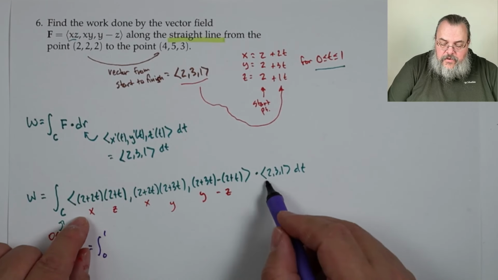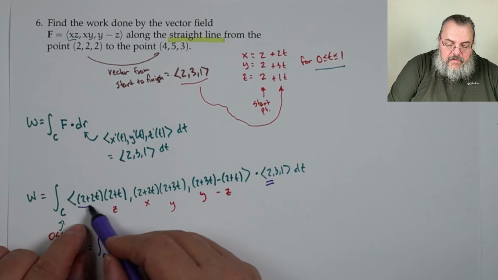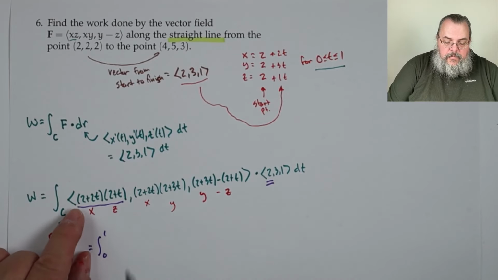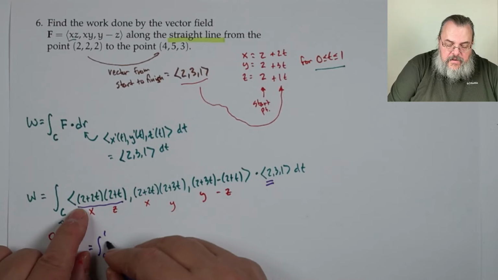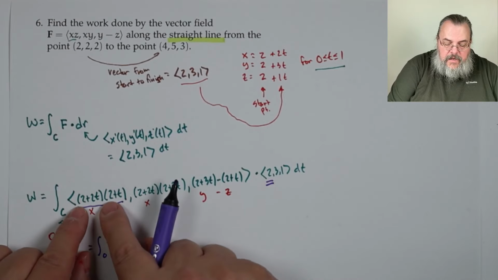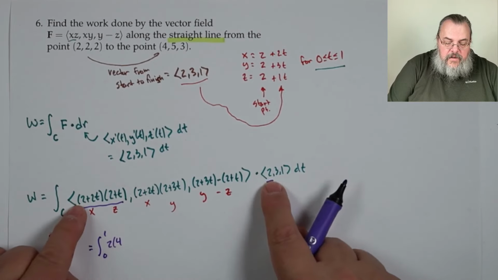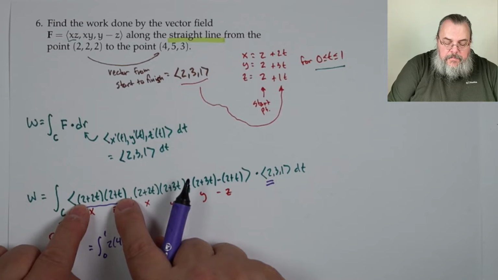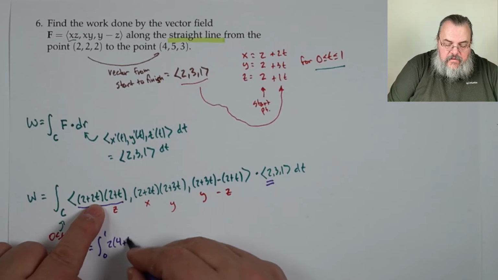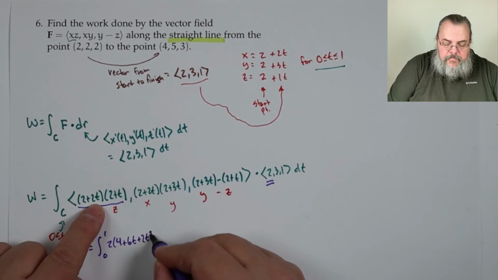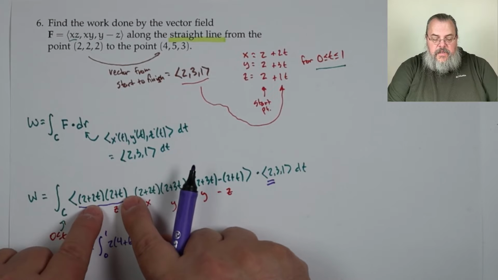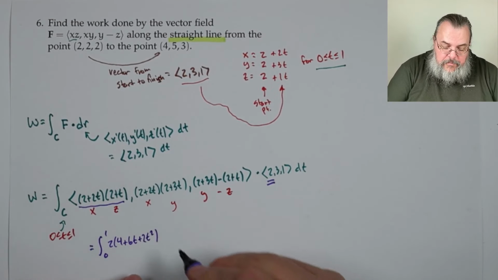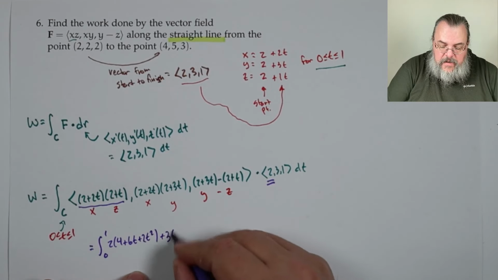So we're going to have the 2 times this expression. So let's multiply. We have 2 times 2, which is 4. And then we have, so that this 2 here comes from there. 4, 2t plus 4t, 6t, and then 2t squared. Okay? So just 4, 2t plus 4t, and then 2t squared. And then plus 3.